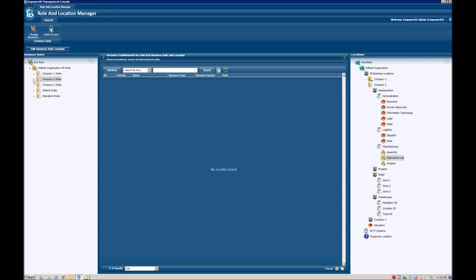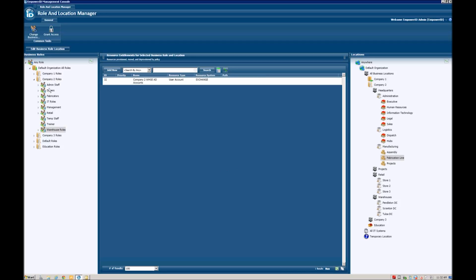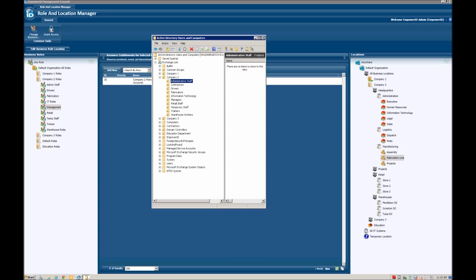Now the role structure, since it ties to the Active Directory, we're going to want to have hierarchical or inheritance level structures that will mirror pretty closely our Active Directory. Okay, so notice that we have administrative staff, we have drivers, we have fabricators, we have information technology, those types of things.